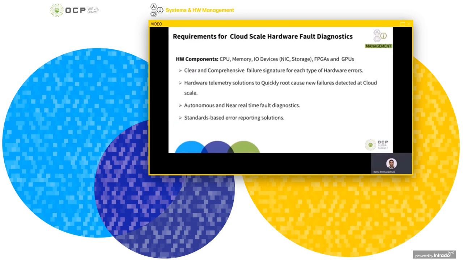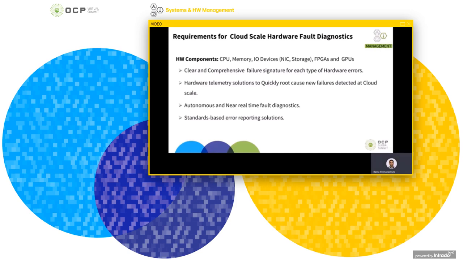As we've seen the challenges, let's look at some of the requirements to do better diagnostics at cloud scale. The cloud hardware has CPUs, memory, network storage devices, and FPGA and other devices to support different workloads.